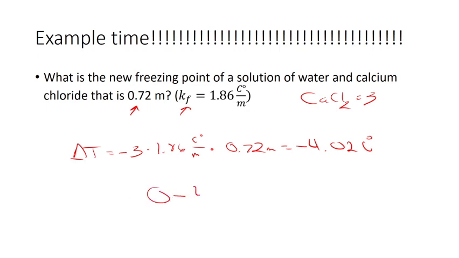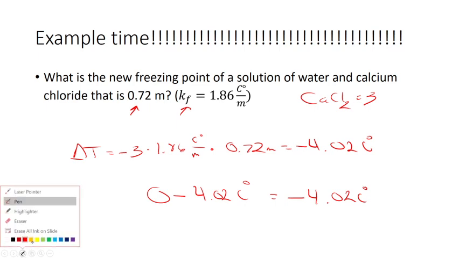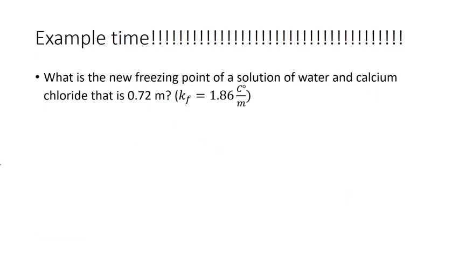And so from that, we subtract 4.02 Celsius. So the new freezing point of water is negative 4.02 degrees Celsius. That lowers the freezing point of water by 4 degrees Celsius. So now water will freeze at below 0. So that is the basics of some solutions and just a little bit about vapor pressure and boiling point. And I will see you in class.